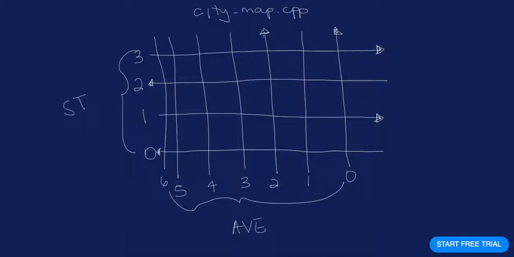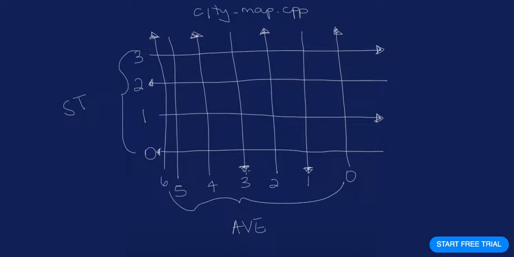So here are my even number avenues. And odd number avenues are one way, traveling in descending order of street, north to south. So odd number avenues are going the other direction.